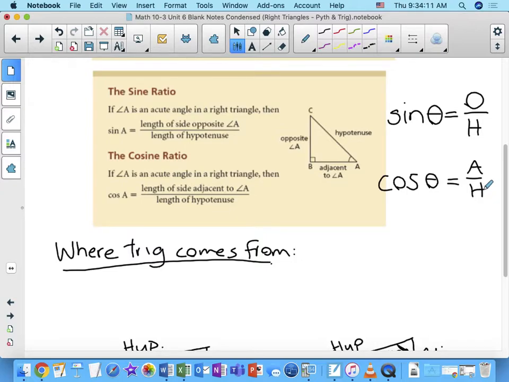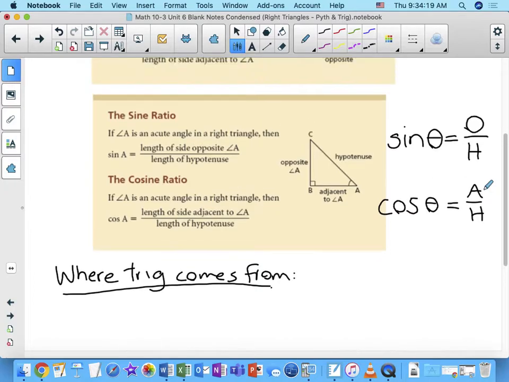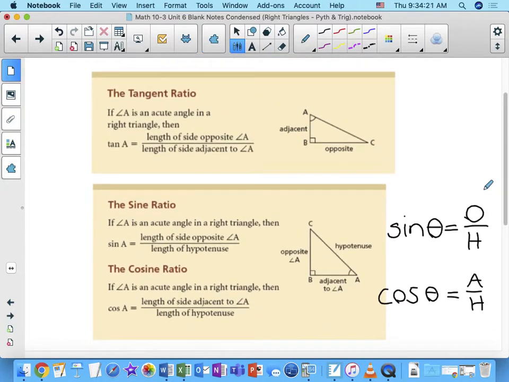And then the third way was, let's take the hypotenuse out of the equation. That's when we got Luke out of there, and Leo and I paired up, and that was the tangent ratio. And that is the ratio of the opposite side to the adjacent side. Okay.